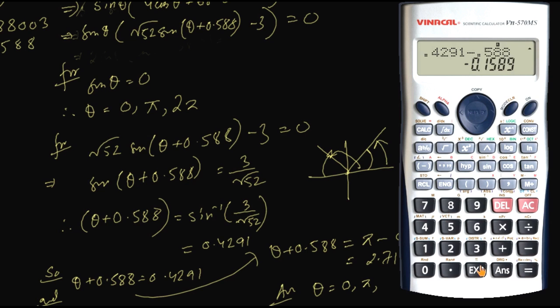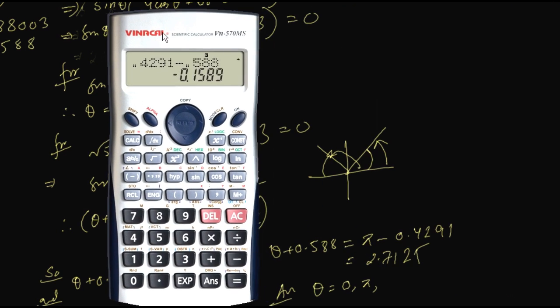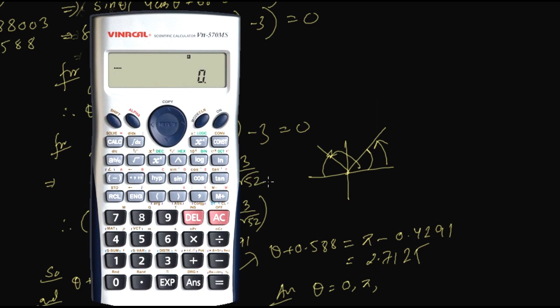So this is not possible. This value will not be possible because it is a negative value. The next one is 2.7125 minus 0.588. So this would be 2.12.